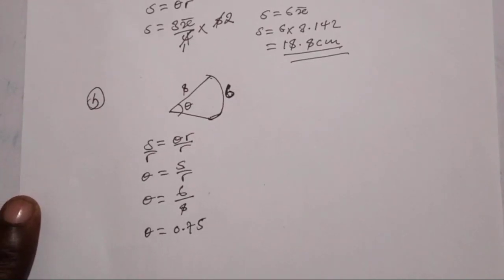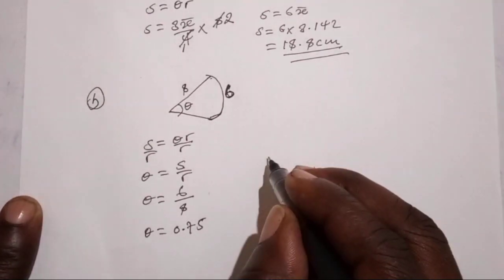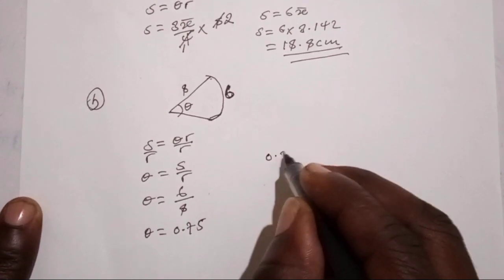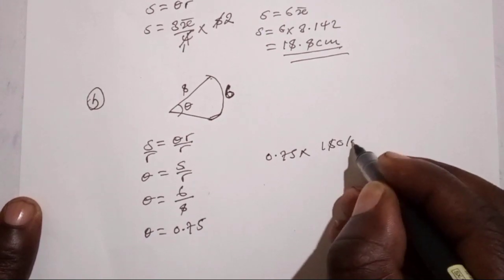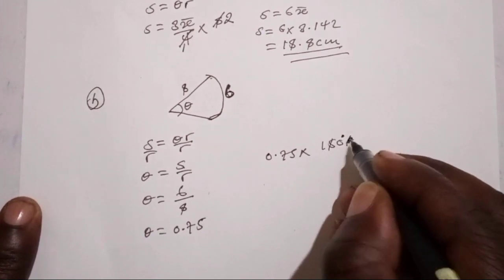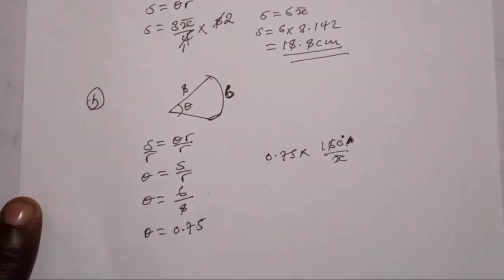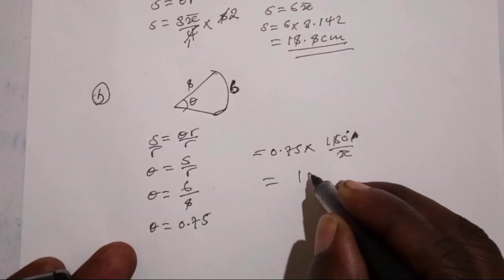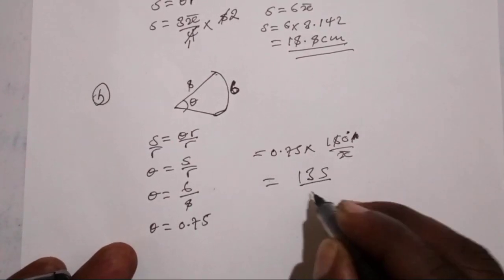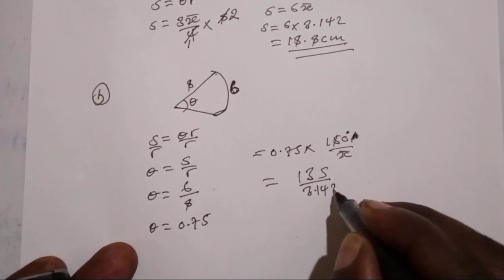So let's take it into degrees. For you to take it into degrees, you have to multiply this 0.75 by 180 degrees over pi, which gives 135 divided by 3.142.